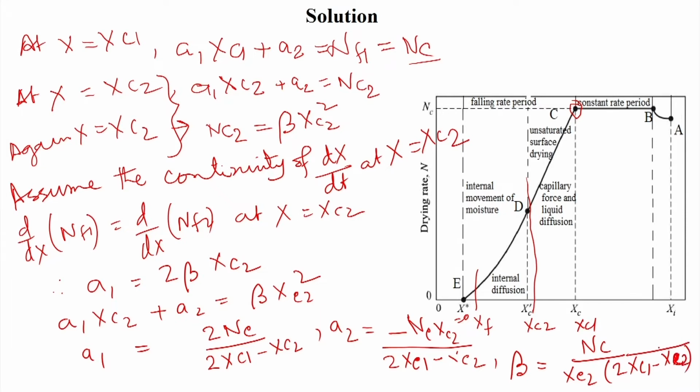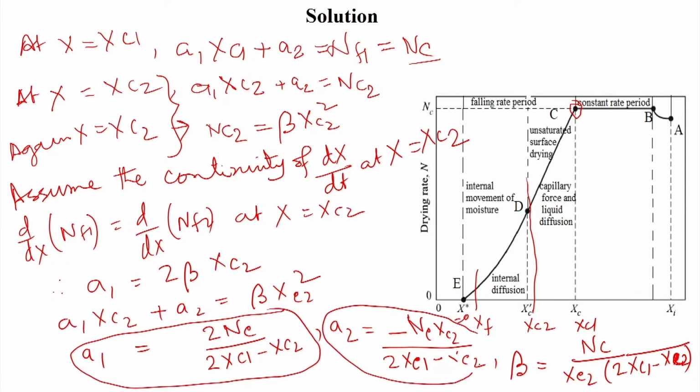So, now we have all three values, A1, A2 and beta.